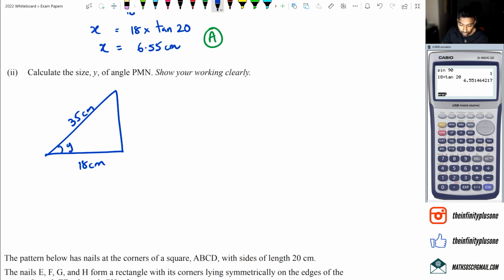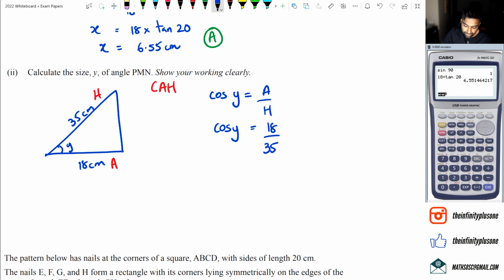Once again, we need to label our sides. So we've got adjacent and we've got hypotenuse, so we're going to be using the cos rule. We've got cos of the angle, which is y, is equal to adjacent over hypotenuse. So cos y equals 18 over 35.